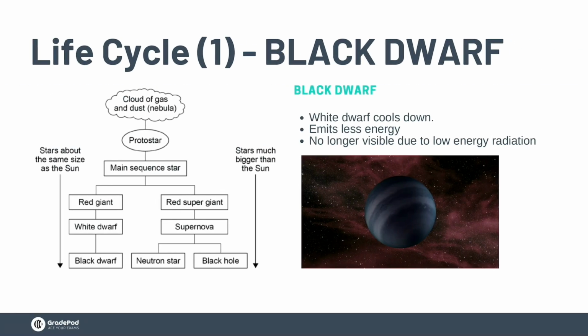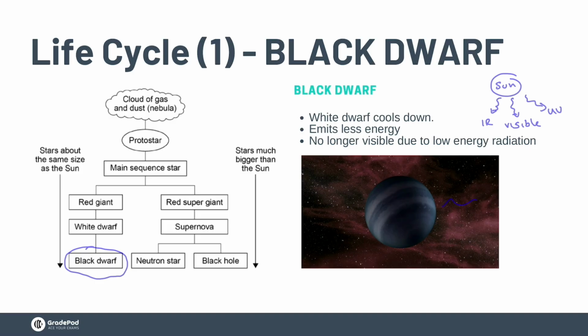Then, I'm sorry to tell you, it just kind of fizzles out and it becomes a black dwarf. So the white dwarf cools down, it emits less energy, and it's no longer visible because it's got low energy radiation. So where our sun currently releases, and we talked about this earlier, infrared radiation, visible light, and UV, it will start to give out radiation that's much less energy and you can't see.